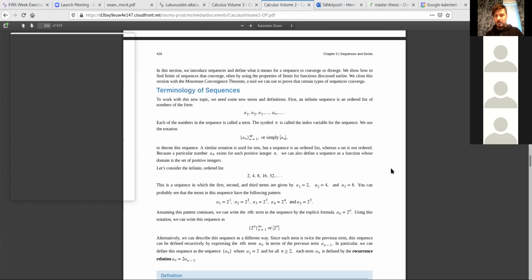That's definitely a sequence. Often we put it in braces, and sometimes we say that the index n ranges from 1 to infinity, or sometimes simply put it in braces, a_n, and that denotes a sequence.